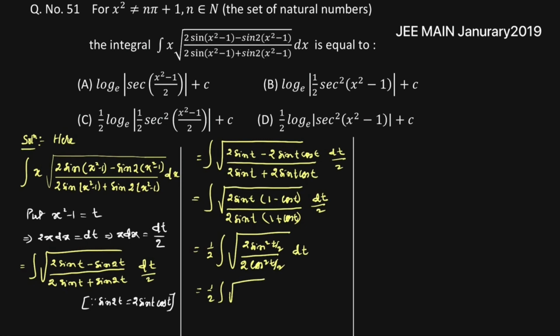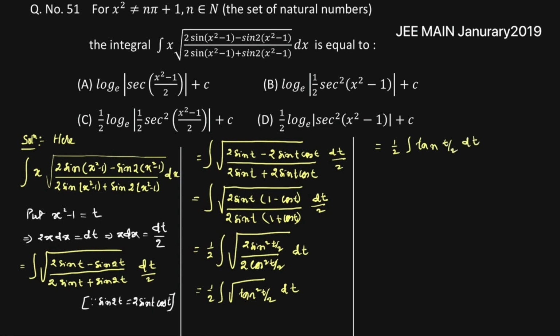Then we are able to write this as 1 by 2 integration of root over tan square t by 2 dt, which is equal to 1 by 2 integration of tan t by 2 dt.